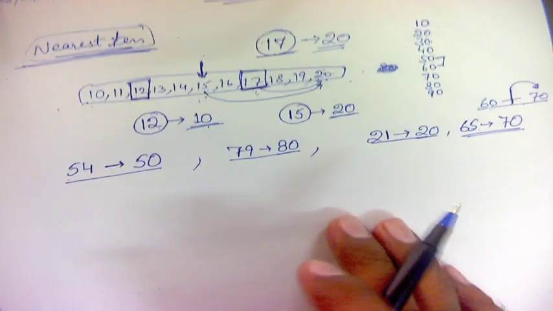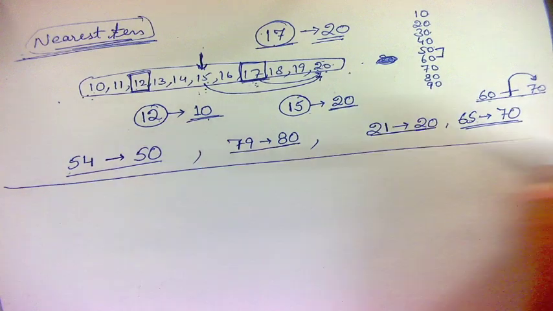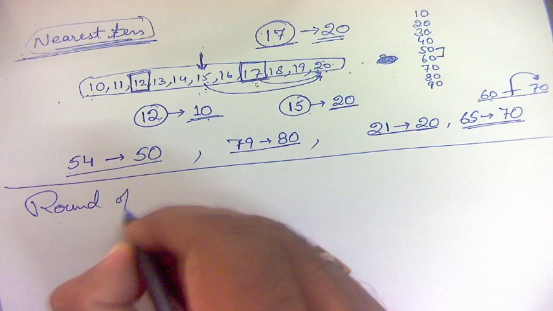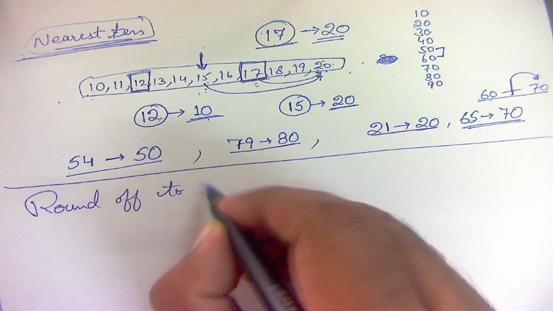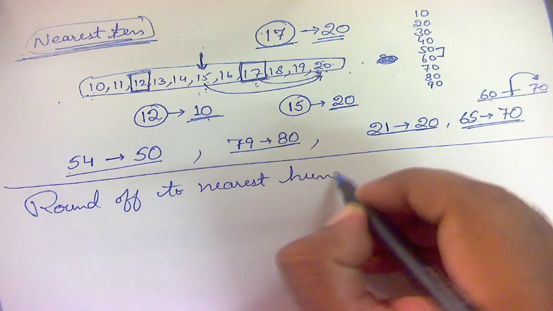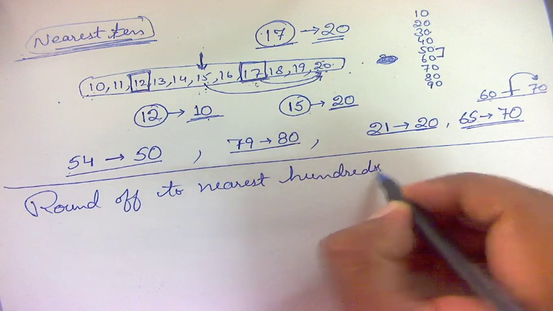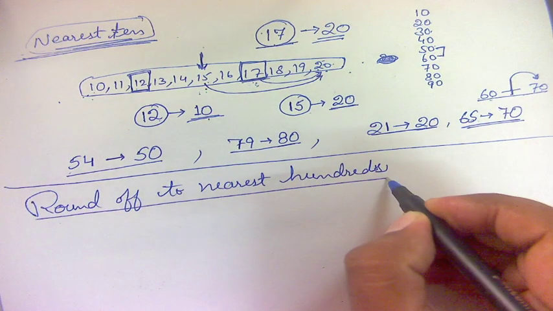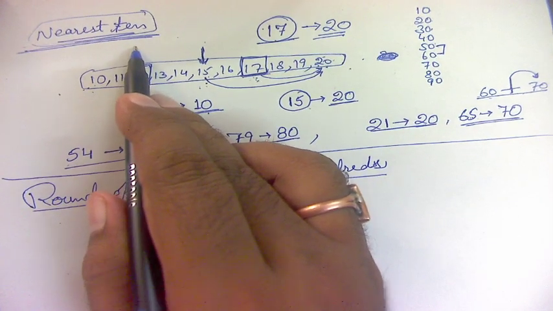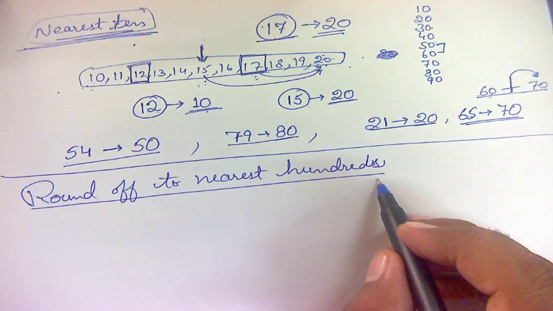Now similarly, we have to round off to nearest hundreds. Now if we round off the values to nearest hundreds, यहाँ हमने किसके राउंड ऑफ किया था, nearest 10. Now we will round off to nearest hundreds.